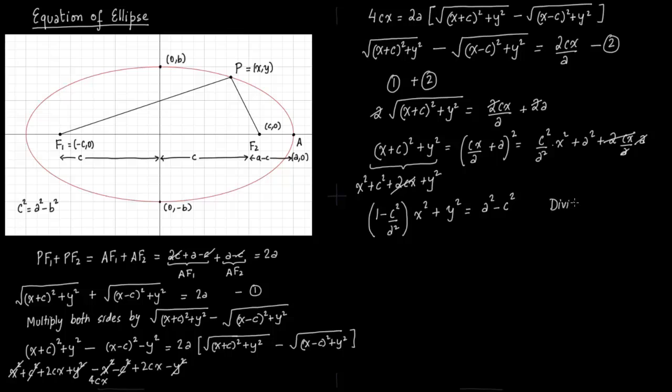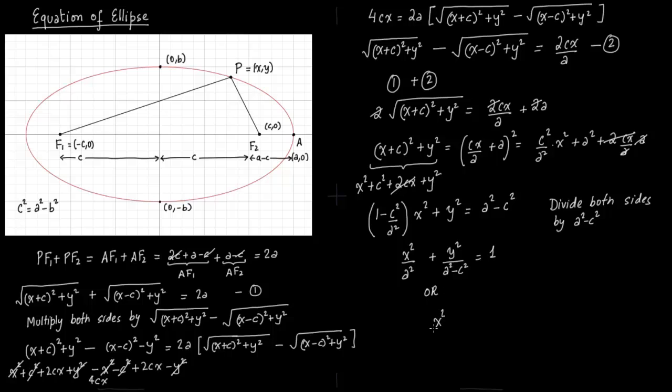Now we are almost done. We divide both sides by a square minus c square. So we get x square by a square plus y square by a square minus c square is equal to 1.